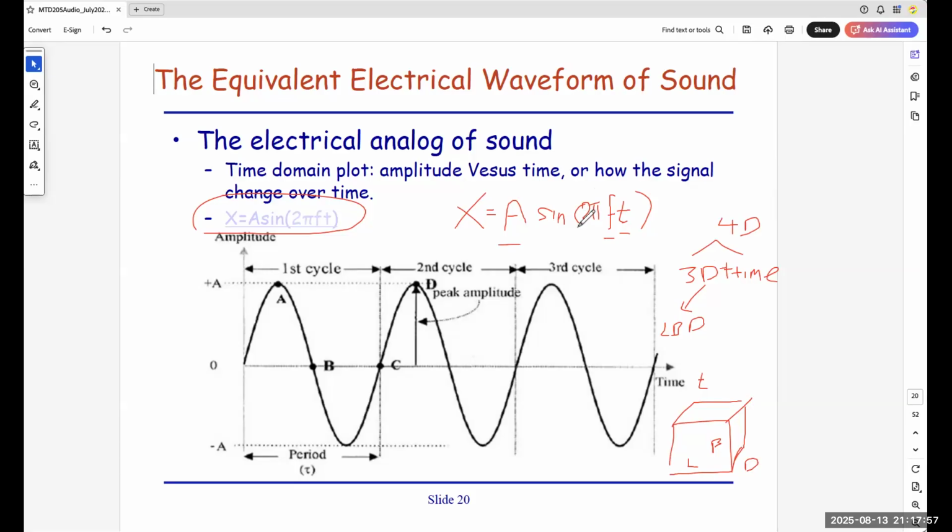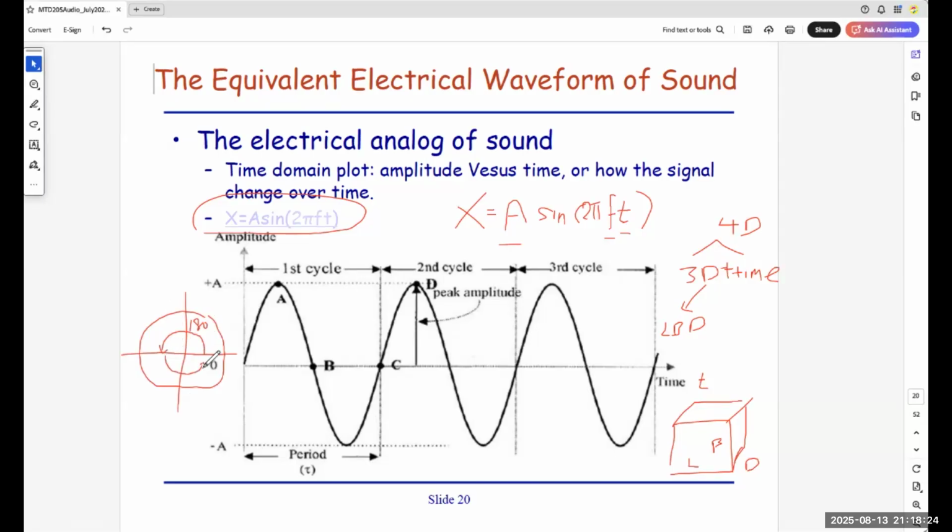Mathematicians like to represent things easily as a circle. One circle is 2 pi. Half way, 180 degrees, is considered pi. One full turn back is 360 degrees, considered 2 pi.